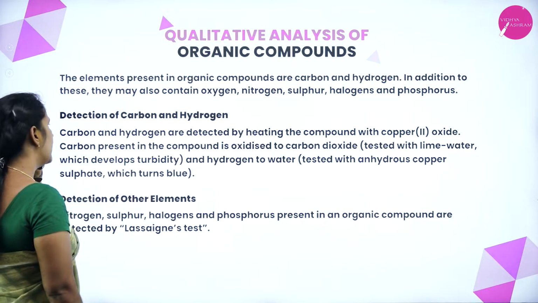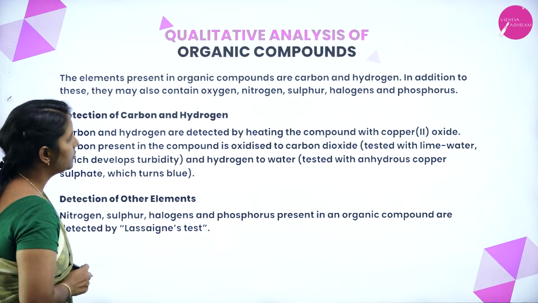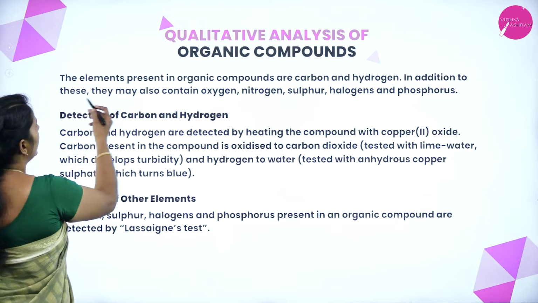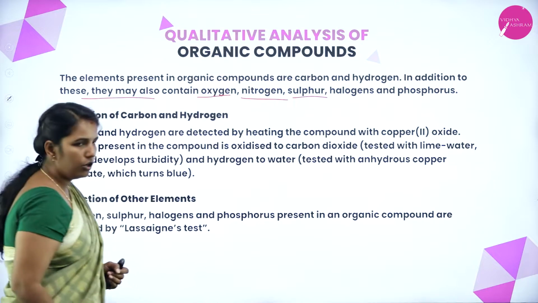So, the elements present in the organic compounds are carbon, hydrogen. In addition to this, they also contain what? Oxygen, nitrogen, sulfur, halogen and phosphorus.